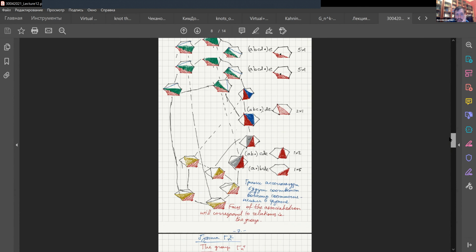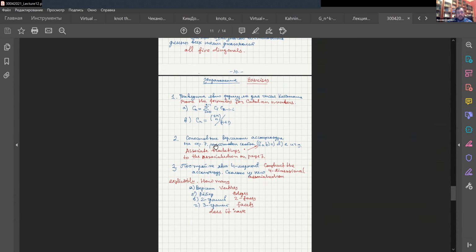So we have an associahedron, and actually the third exercise will correspond to the four-dimensional associahedron, which will come from the heptagon.